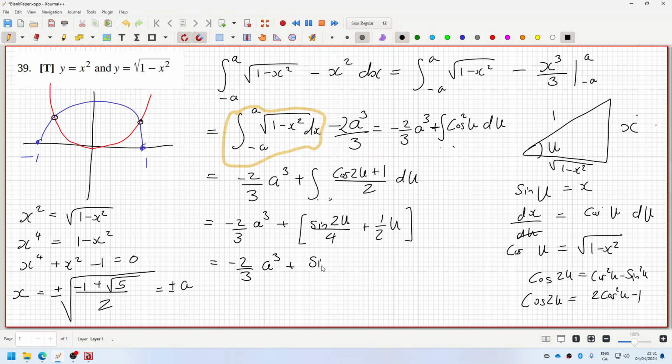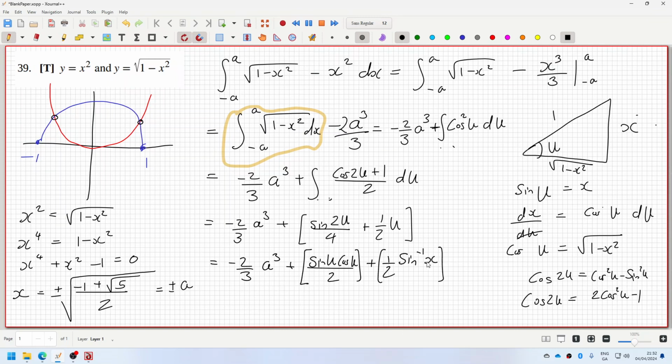So that's 2 sine u cos u. And then a half u, and u is sine inverse. So that's a half sine inverse x variable. So I need to get these back to x. Sorry, I have to put limits in as well.